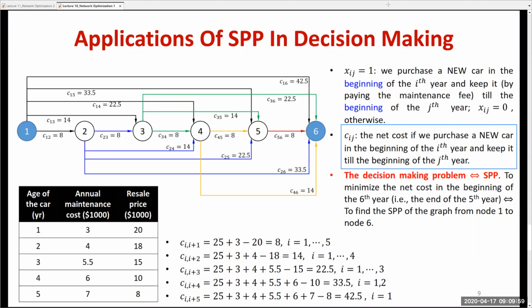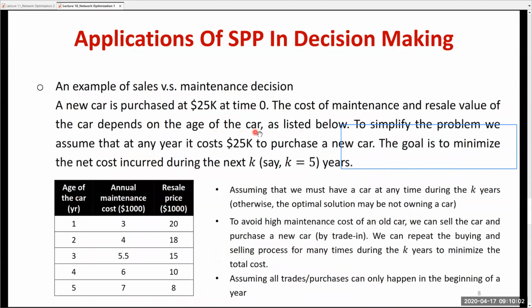The original problem is to ask you to find a strategy to minimize the net cost incurred during the next 5 years, right? It might be more difficult for us to directly handle the problem algebraically.